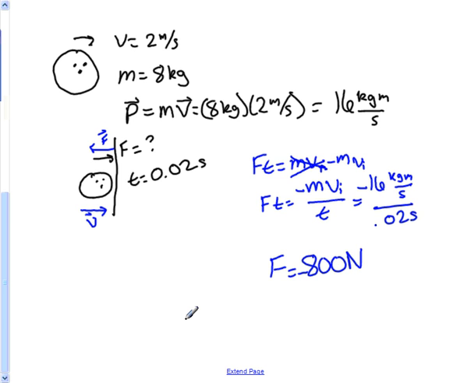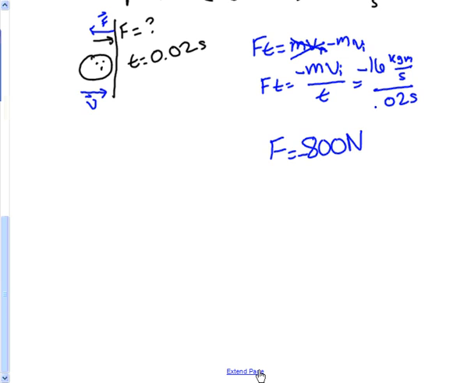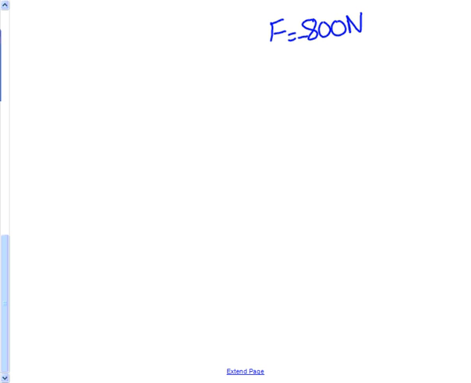Okay, so let's take this even further. And let's say that we have a car. I'm going to try my hand at drawing a car. It's not horrible. All right, and here is a window.